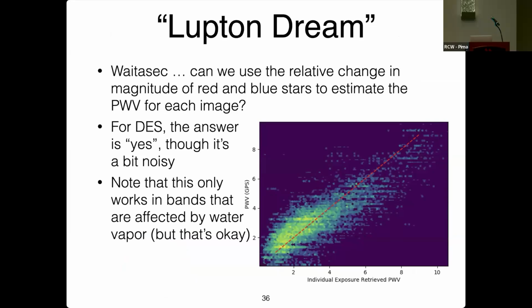And then, this is something that Robert Lupton asked me about years and years ago with DES. So a little bit of history. We originally were using the GPS that we had at CTIO as an input into the fit. And it was good most of the time and terrible some of the time. And we actually had a little spot that showed up in, why is there a deficit of red galaxies at this one spot in one of our early DES footprints?